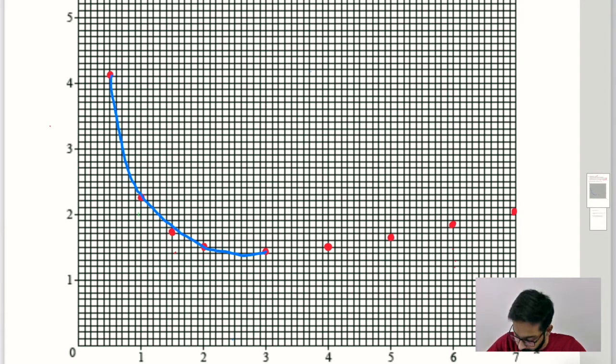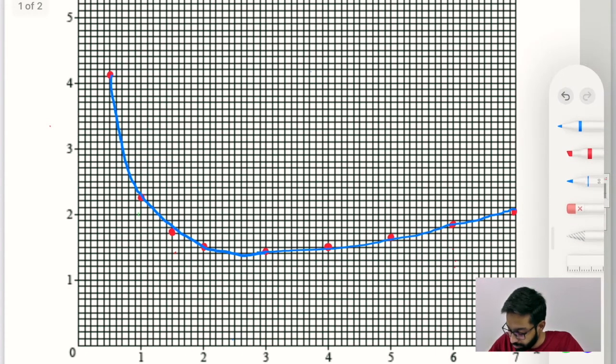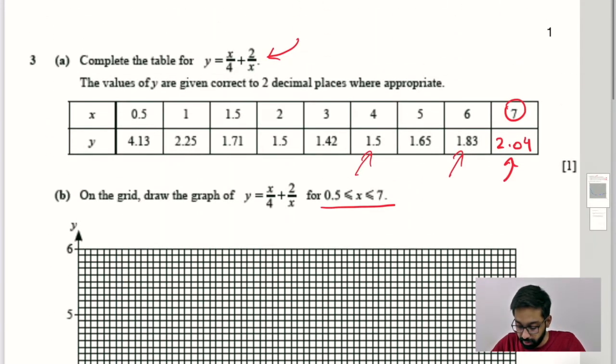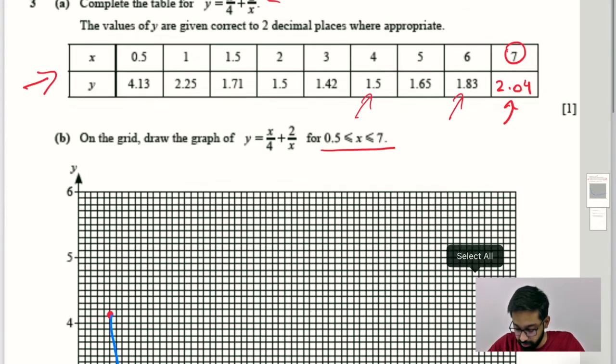Okay, so far so good. Now comes the tricky part. So you connect this line with the straight line. Oh, that wasn't so bad. I know the line isn't perfect because this is a screen and the pen keeps slipping away, but I hope this makes sense. So we just drew the graph of this table right here.